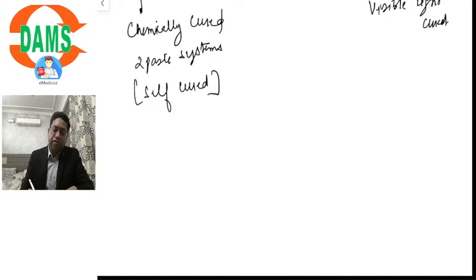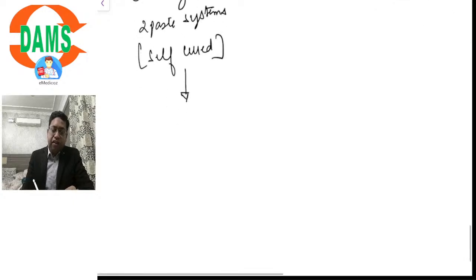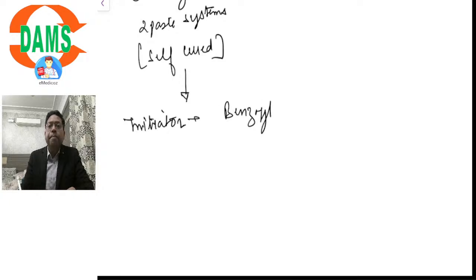If we look at the chemically cured or self-cured first, they have an initiator of polymerization, that is a compound called benzoyl peroxide. And they have an activator of polymerization, that is a tertiary amine.